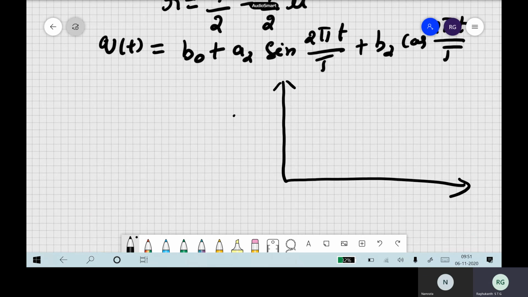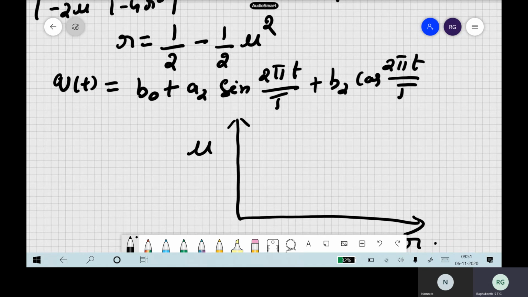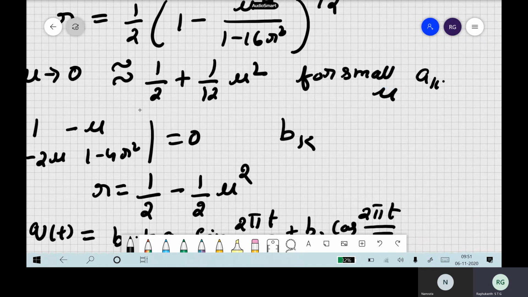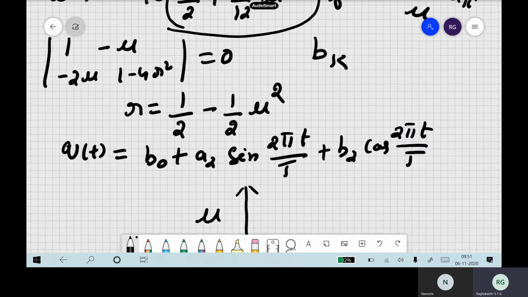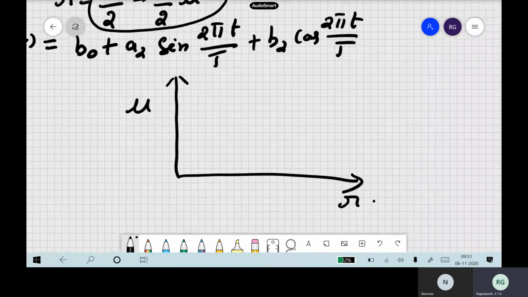So you have mu versus R. Now here how the boundaries look like. You see here the boundaries are not equal. One constraint comes from A, that is 1 by 2 plus 1 by 12 mu square. The other one is 1 by 2 minus half mu square.